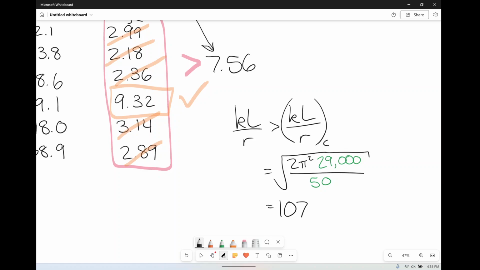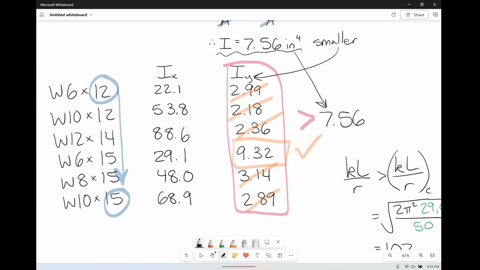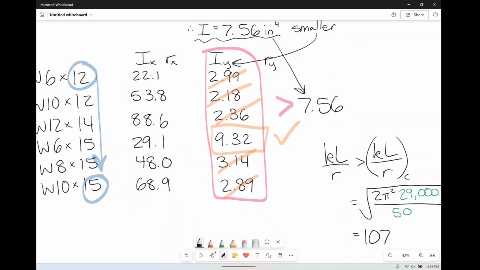How do I know? Well, back up here in the table, there's also going to be rx and ry. So now that you've selected your member, let's go figure out rx and ry. Well, technically, who's going to control? Again, the more slender one is going to control.